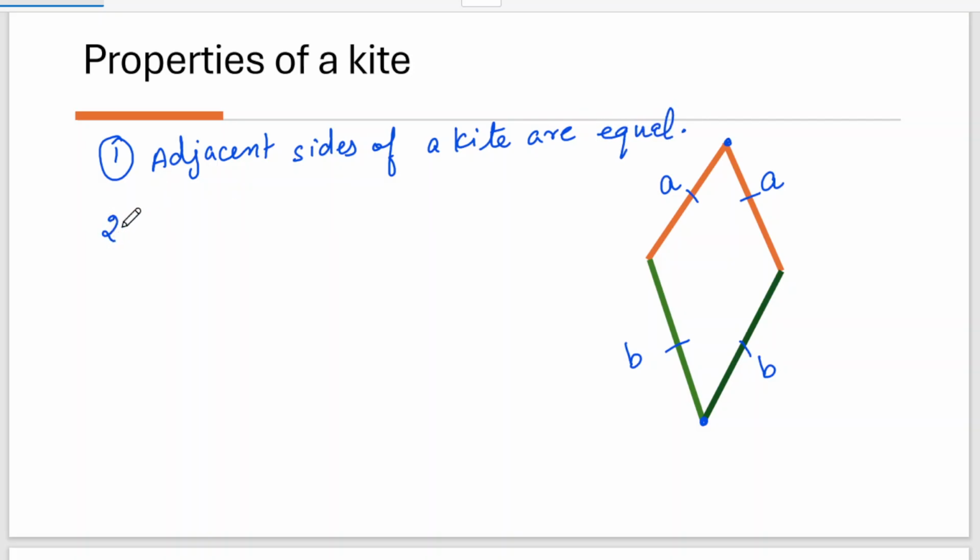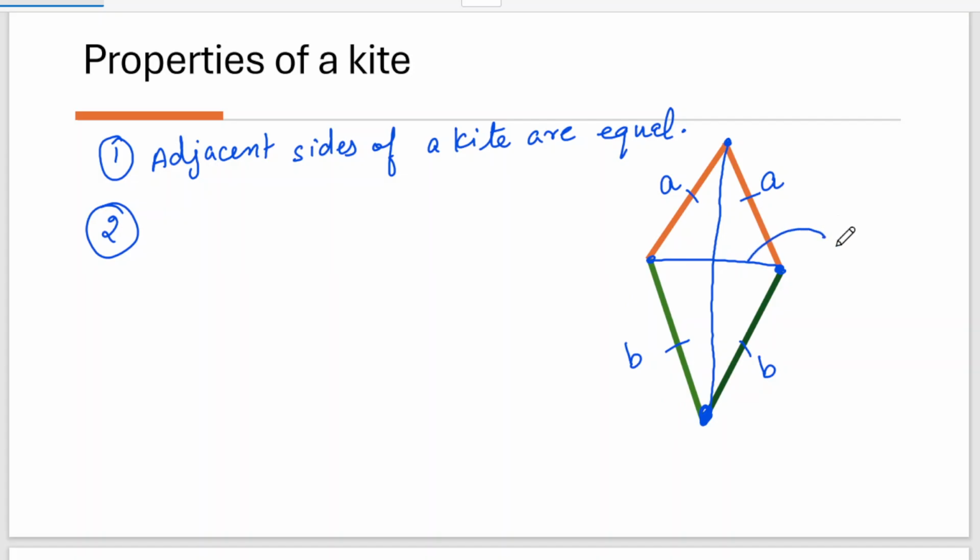Now the second point: when you connect opposite vertices, you will get two diagonals. You can see the first diagonal, and the second diagonal will be this one. That means you have got two diagonals.